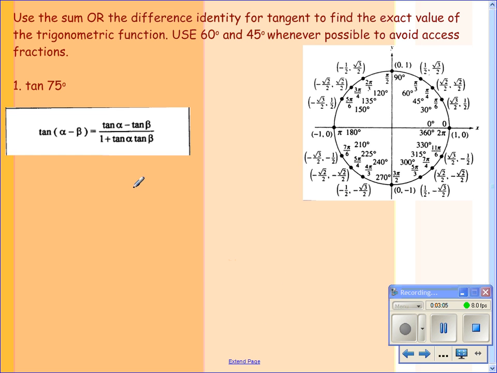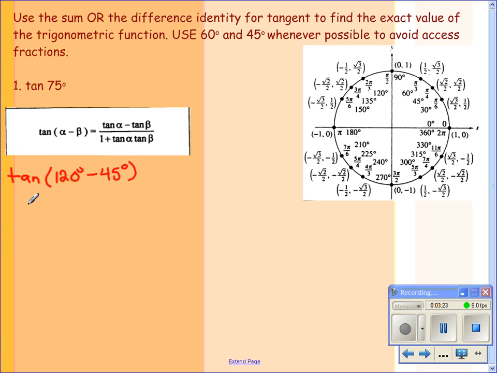Okay, for the next problem, we're looking for tan of 75 degrees. So we're looking for two things that are going to add or subtract to 75. So we can take the tan of 120 degrees minus 45 degrees to get 75 degrees.